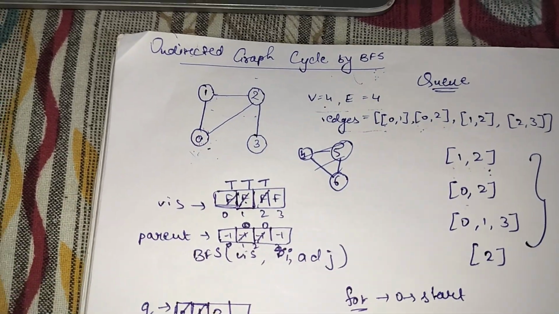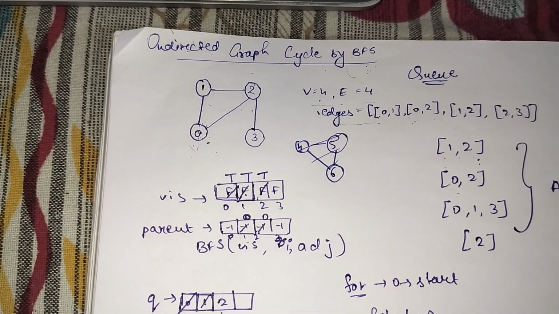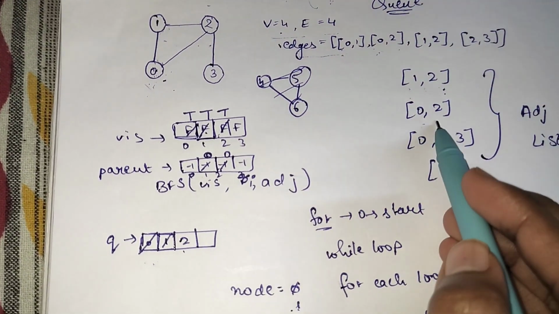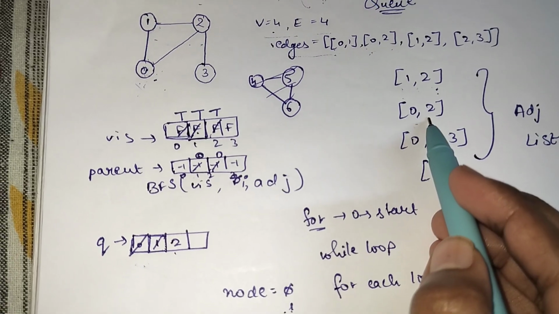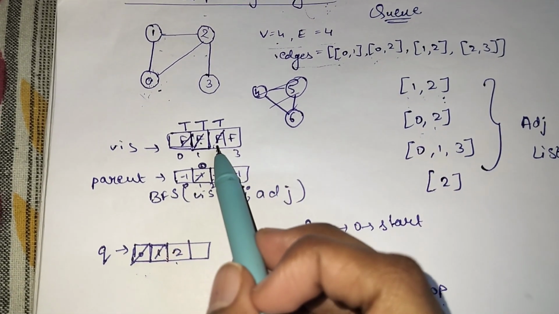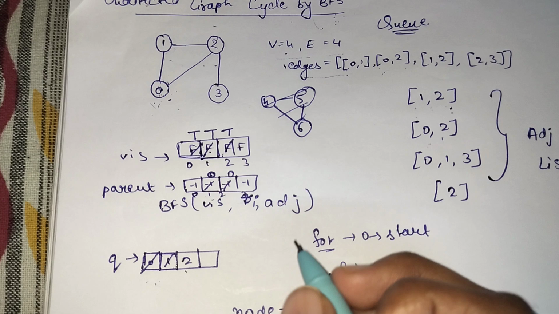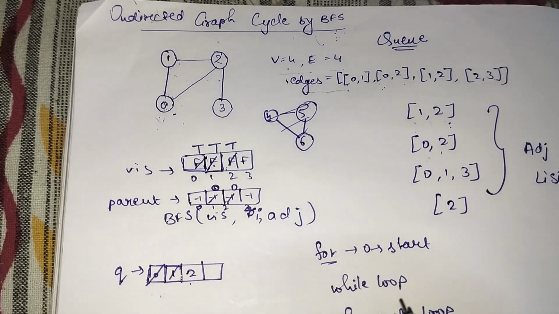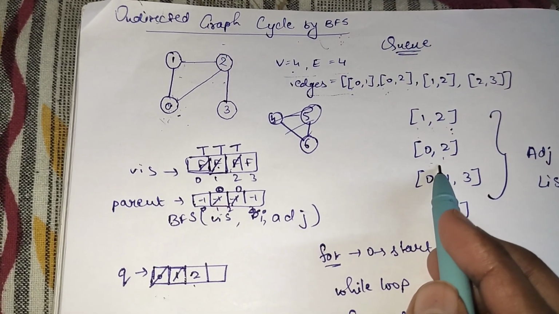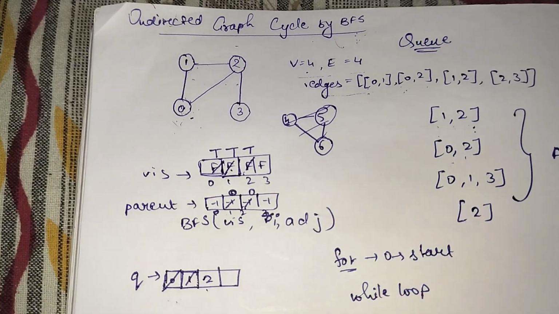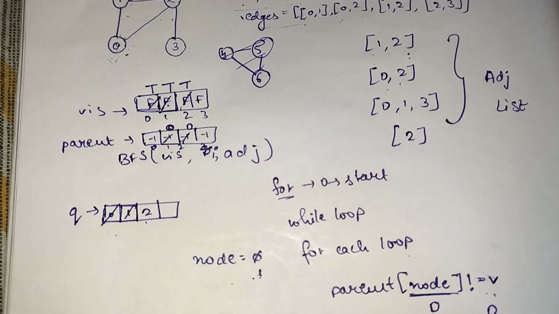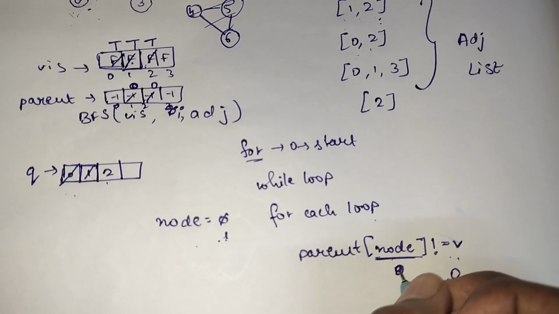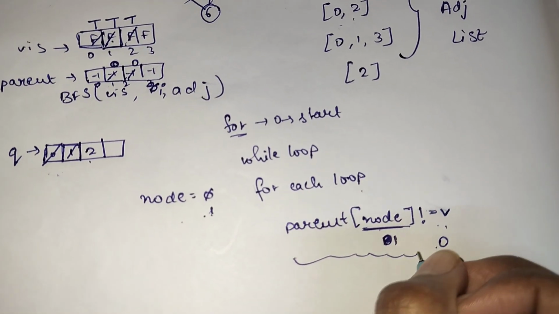Yes. Now I went to another one. Has 2 been visited? Yes, 2 has already been visited. So I'm going to check in my else if condition: parent of node 1 is 0.